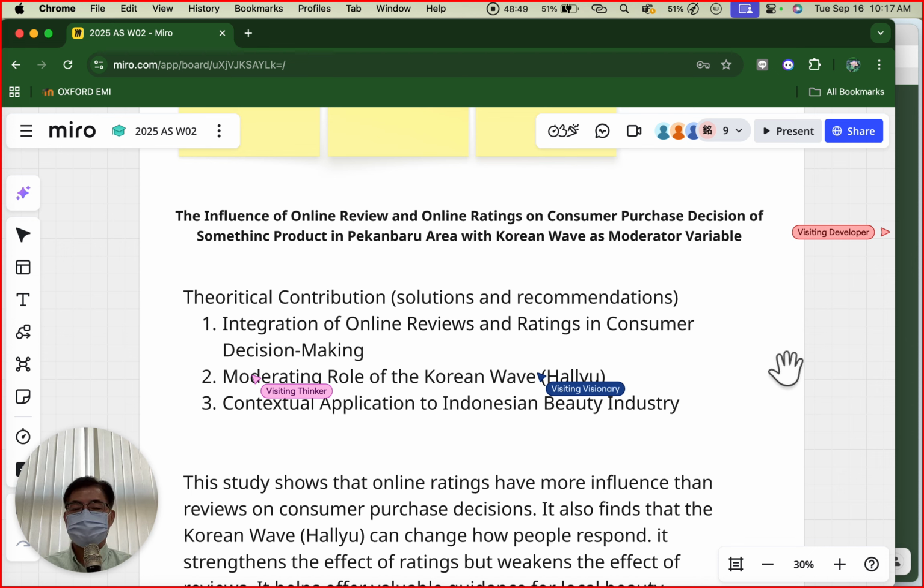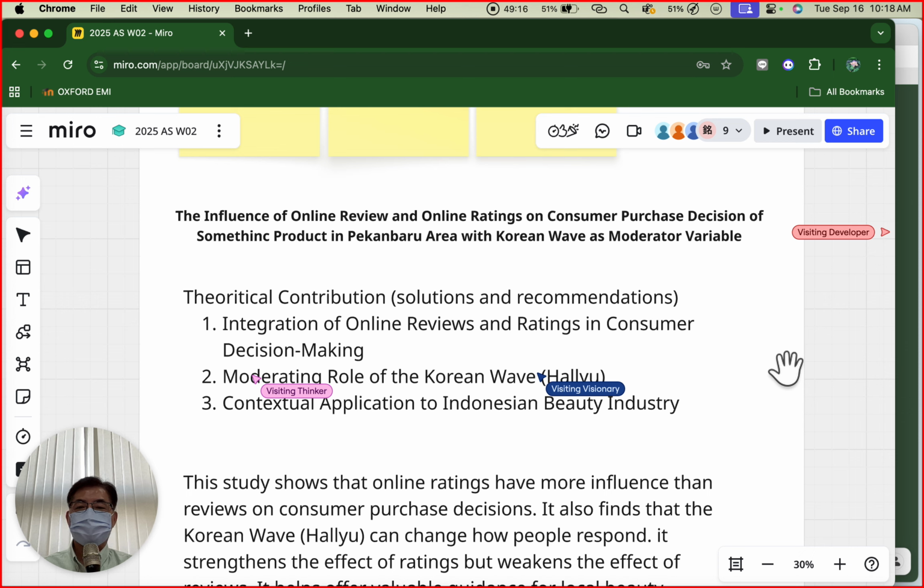Based on the title of this article, what's the independent variable and dependent variable? So in this research, the independent variables are online review and online ratings, and the dependent variable is consumer purchase decision, and it has one more variable, the moderator variable, which is Korean Wave.